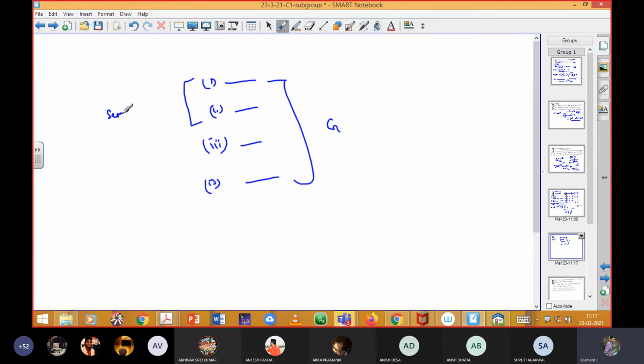Semigroup is a different concept when you compare with the subgroup. Semigroup is not equal to subgroup, both are different, so don't get confused. A semigroup is a non-empty set that satisfies the closure axiom and the associative axiom with respect to the operation. Subgroup is different from the semigroup.